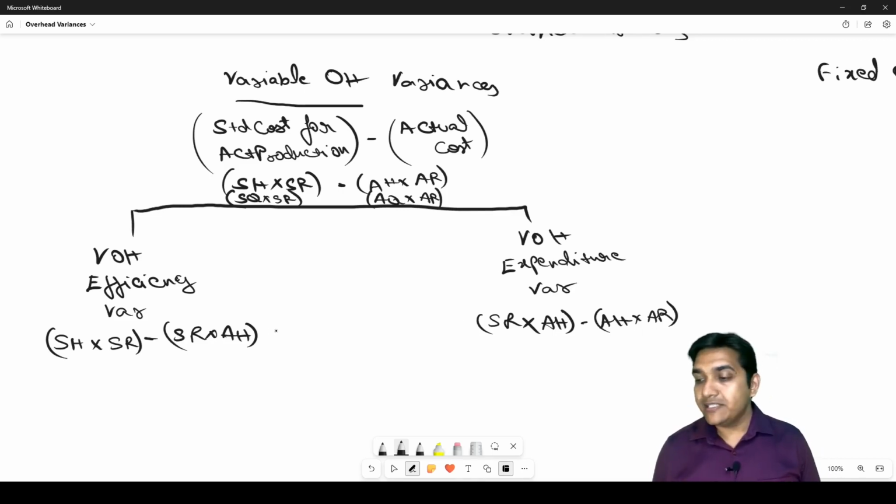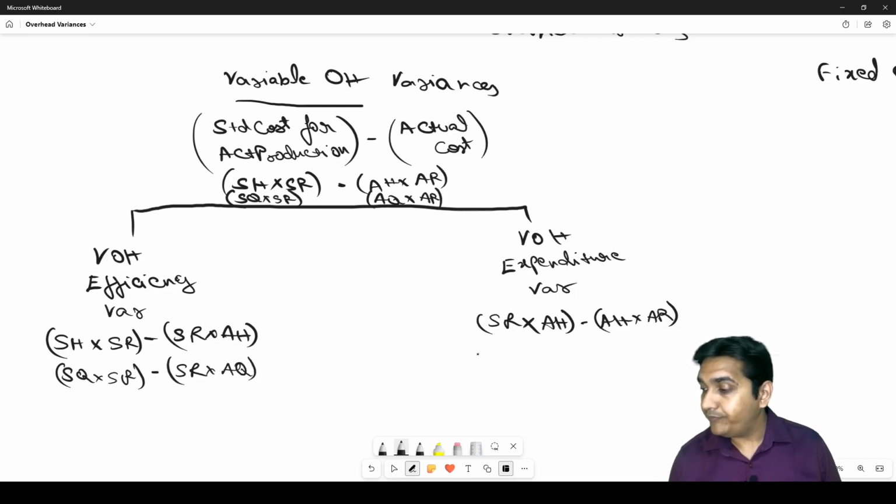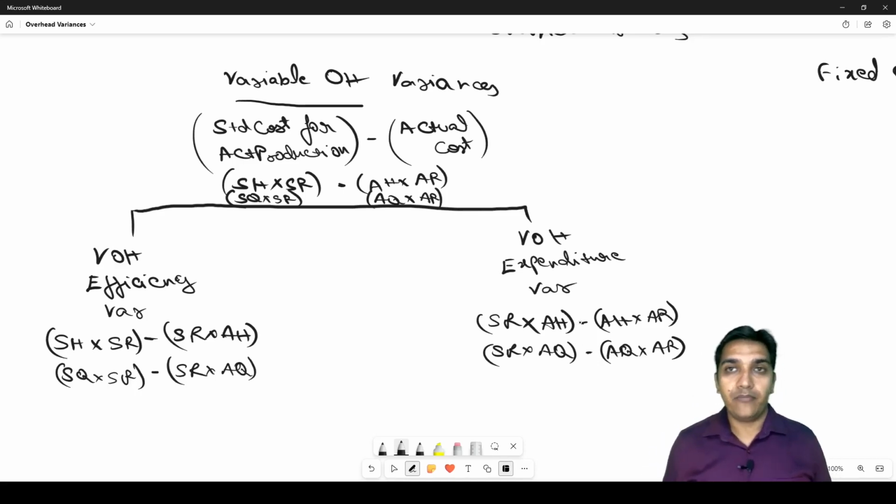Again, if it is dependent on the material, my formula would change to standard quantity into standard rate minus standard rate into actual quantity. This would be standard rate into actual quantity, minus actual quantity into actual rate. Right?